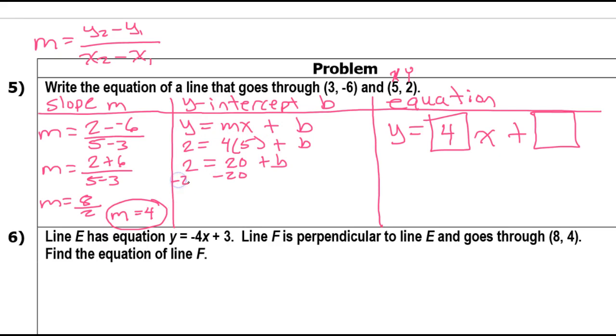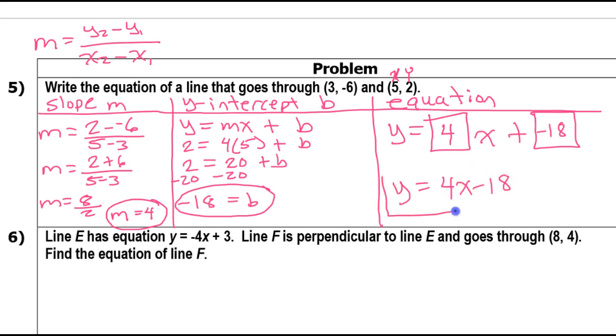Subtracting 20 gives me -18. So b is -18. So that means my final answer is y is equal to 4x minus 18. Notice we do not say 4x plus -18. It's just 4x minus 18. If you put plus negative, you're going to lose points. So that's it for number 5.